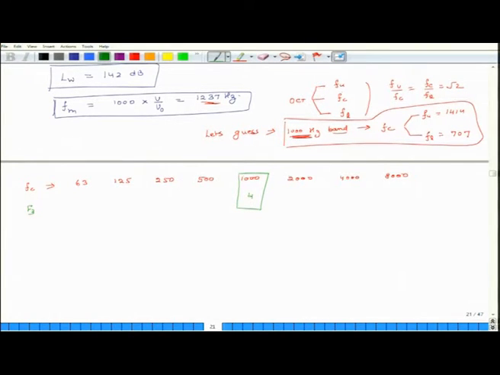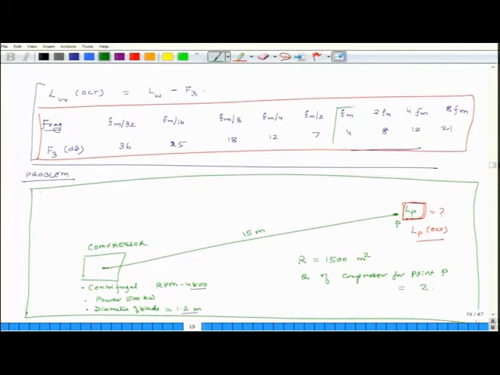Where did I get 4 from? Look at this table. When frequency is FM, then F3 is 4 decibels. And FM lies in which band?